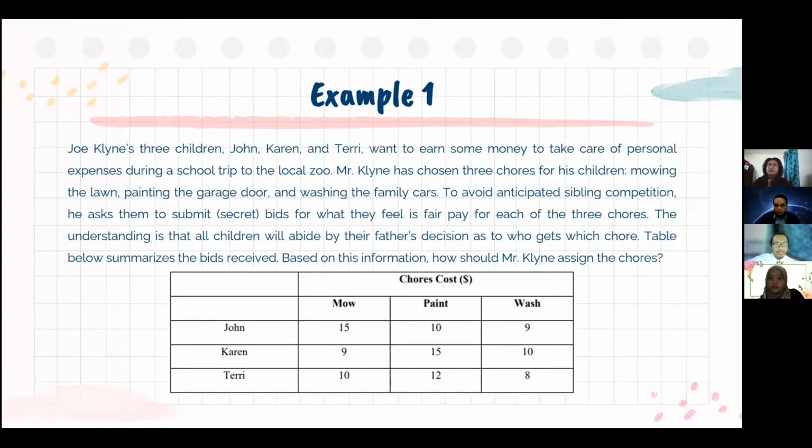To avoid anticipated sibling competition, he asked them to submit a secret bid for what they feel is a fair pay for each of the three courses. The understanding is the children will abide by their father's decision as to who gets the course. As you can see from table 1.1, it summarizes the bids that Mr. Klein received. Based on this information, how should Mr. Klein assign the courses to his children?